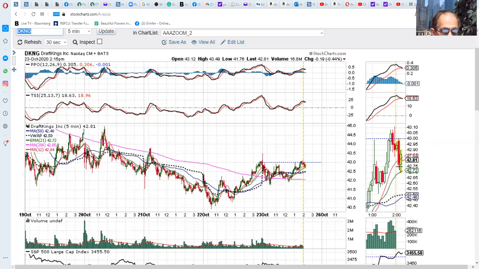If it gets there, it might come back and visit the previous one, but it's just to generally show you an idea of how you should read the chart. And notice the volume. The volume is very low. It's below average. It's Friday. This is going downhill. We're not going anywhere with this stock.